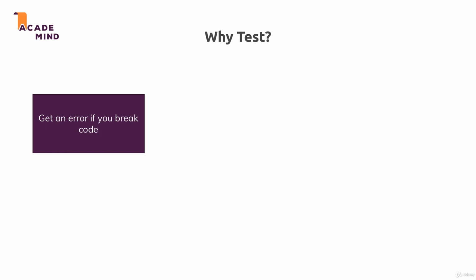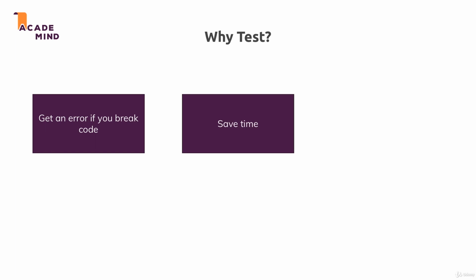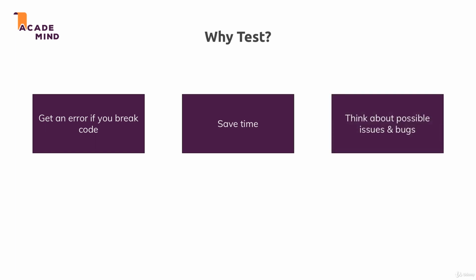Well, with well-written tests, we'll get the answer right away. We'll also save time if we don't have to test everything manually over and over again. And we are also forced to think about possible issues or bugs when writing our tests. We have to think about, what do we want to test? How do we write a test that makes sense? And I'll dive into that in this video already.